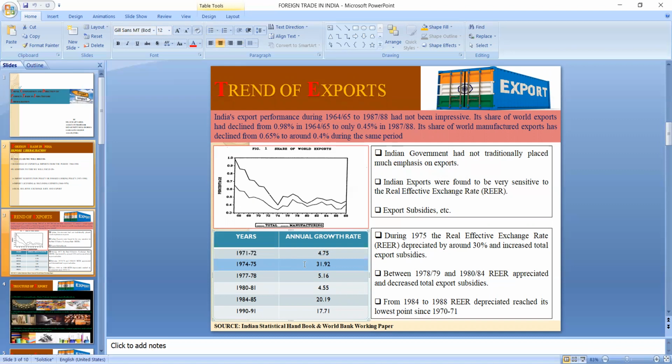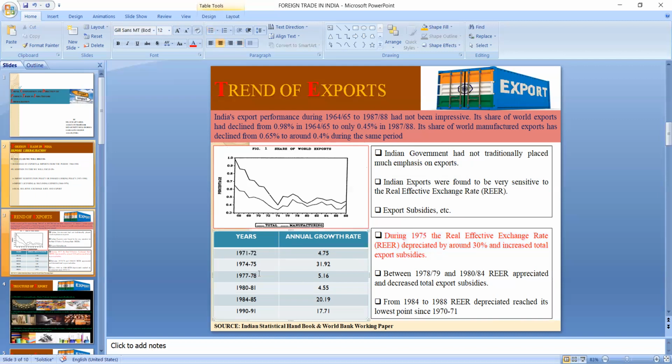During 1975, the real effective exchange rate depreciated by around 30%, and the total export subsidies had increased during this period, as a result of which we realized improvement in the export sector.